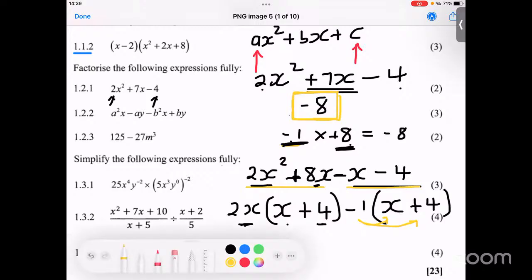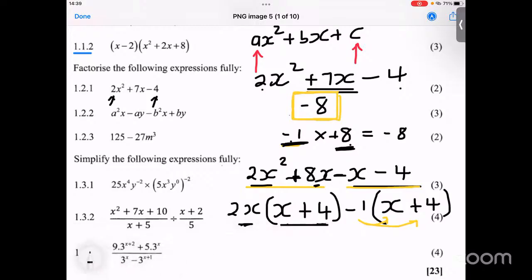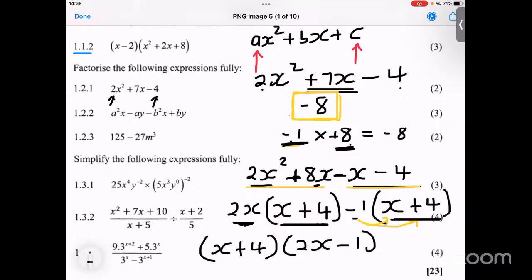The only way you will see that you've done it correctly is if all that you remain with inside the brackets is exactly the same, so that you will therefore take out this common factor, which is that x plus 4, and then you remain with that 2x minus 1.